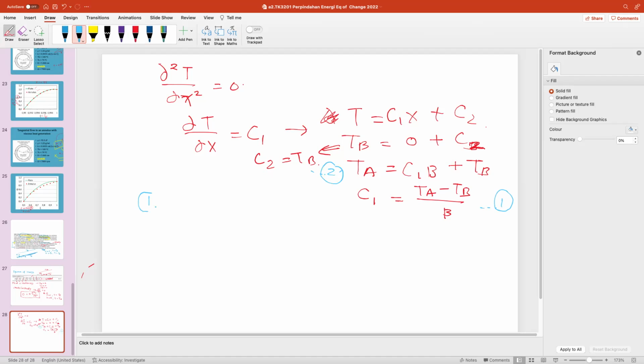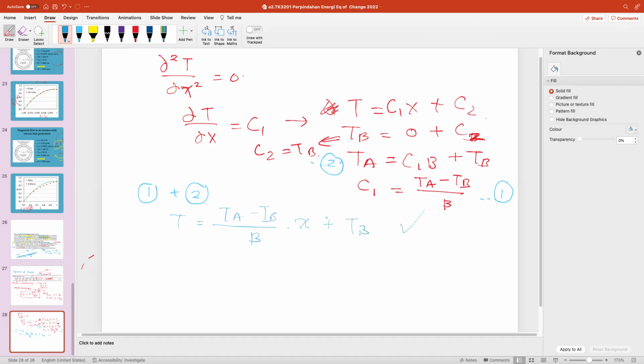So by adding 1 and 2 to the equation, we get T equal to (TA minus TB) divided by b multiplied by x plus TB. I think we know this already, rather than deriving the equation. Okay, so this is going to be the temperature profile, and if you got it right, that is okay.